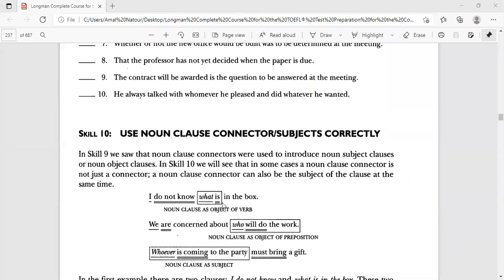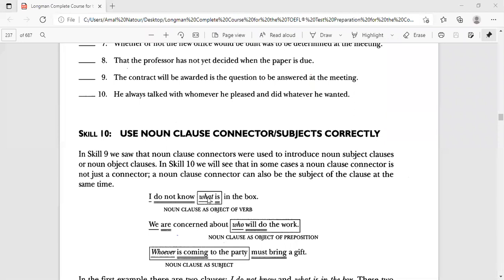اوكي مثلا على سبيل المثال, when I say I don't know what is in the box, I is the subject, don't know is the verb. What is in the box here? What بتلعب لي دور الكونكتور. Here it connects between this clause and the second clause.